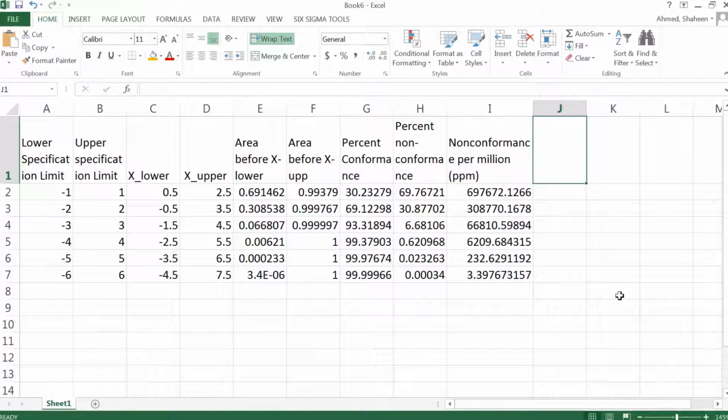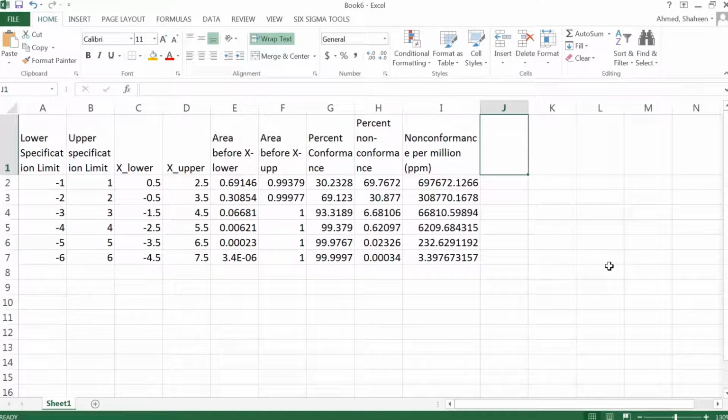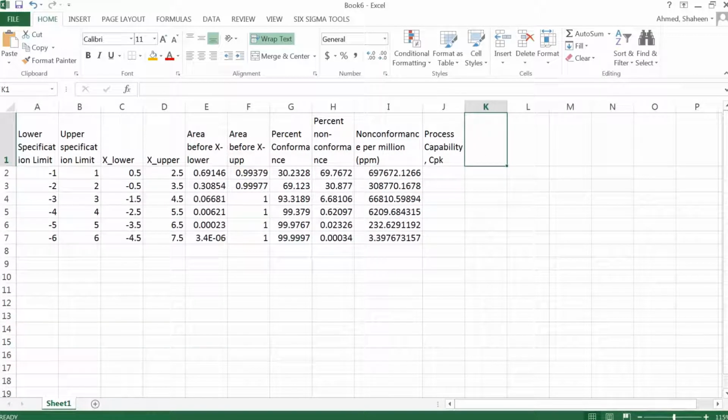Now let's calculate the CP value. Now for a non-centered process, capability is expressed as CPK instead of CP. Now CPK uses two formulas to calculate that. Now let me copy the formula first.